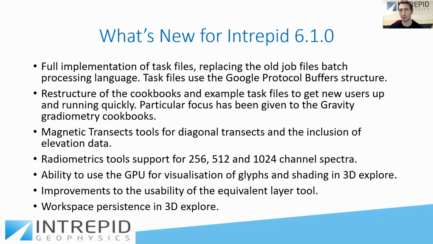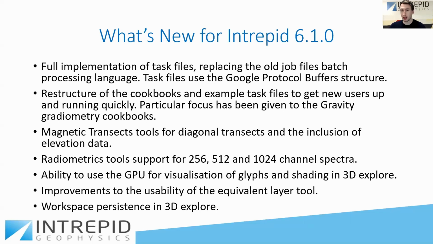It will still need some manual adjustment, because the format of both files is a little bit different, and it doesn't always match up one-to-one. We're still doing a little bit of work on the converter, but I think it will always need a little bit of manual intervention to fully transition from jobs to task files if you're using jobs already.